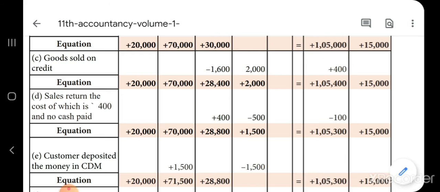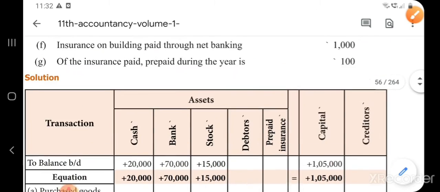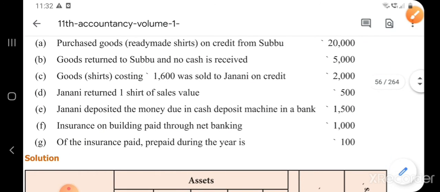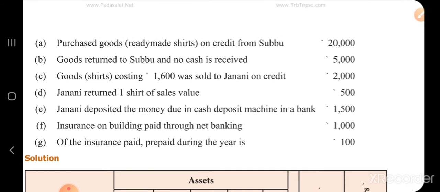Now, next transaction: Janani returned one shirt of sales value 500. Janani is the customer. Debtors is returning one shirt and the value of the shirt is 500. That means the debtors earlier was 2,000. You are reducing the debtors by 500.